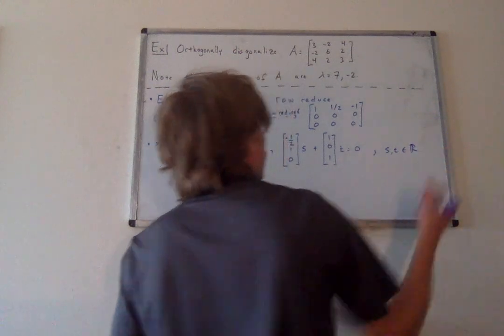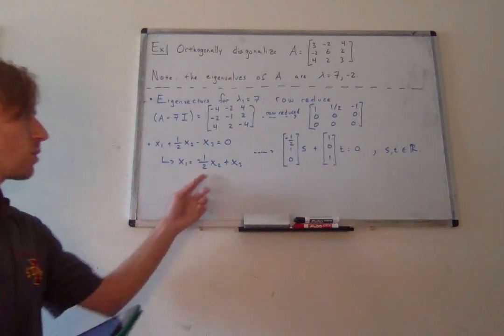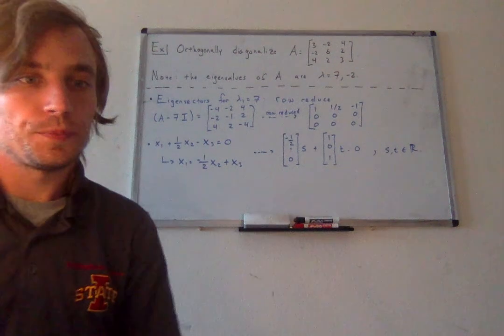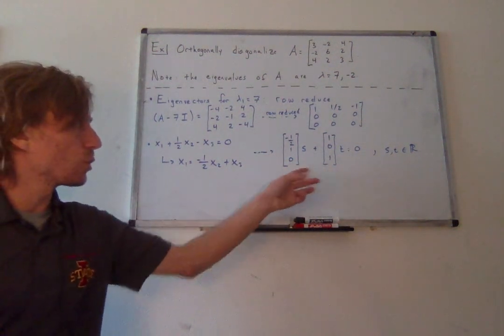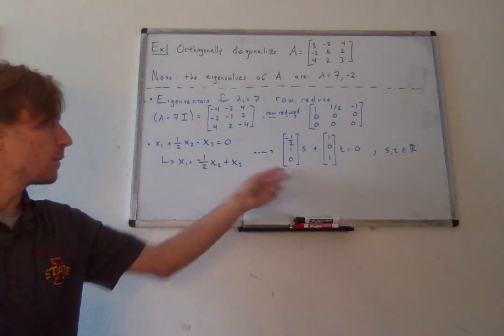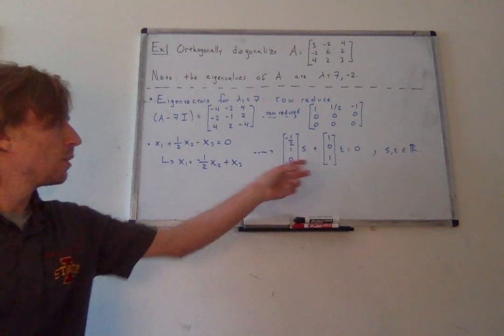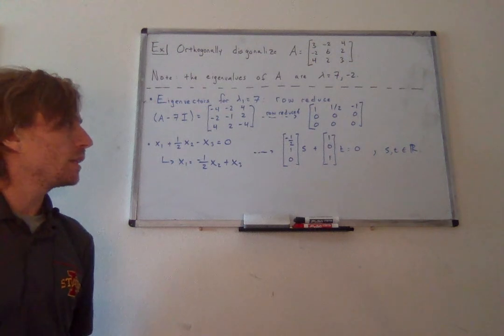And remember, for every free variable in this homogeneous system, we should have exactly one vector corresponding to that free variable. So this vector corresponds to x2, this vector corresponds to x3.